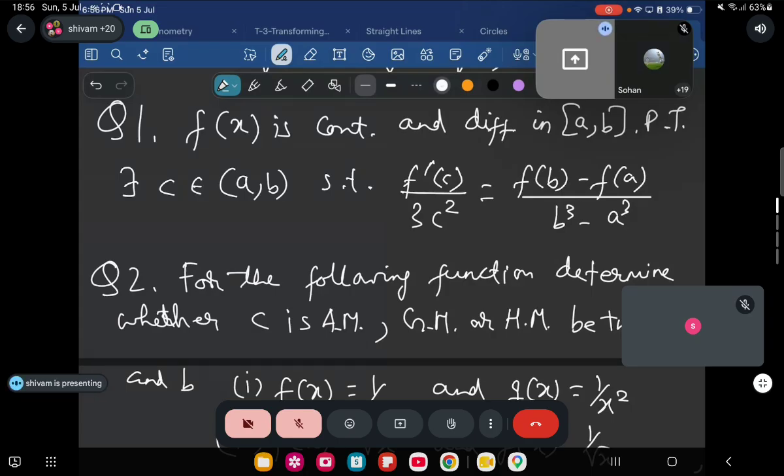The second one is correct. Aisha. Aisha, first one is correct. And part 2 is correct.